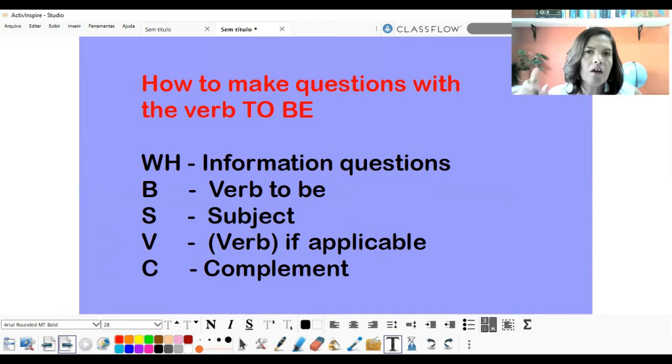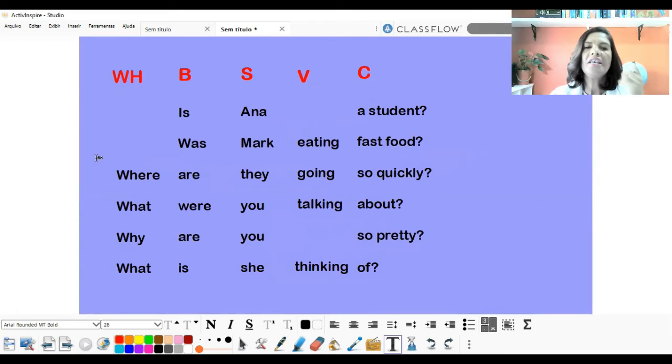However, most times the verb to be is an auxiliary verb. And then I will have a second verb, which is the main verb. Main verb. Verbo principal. Okay? So here, the order: WH, verb to be, subject, main verb, and C for complement.